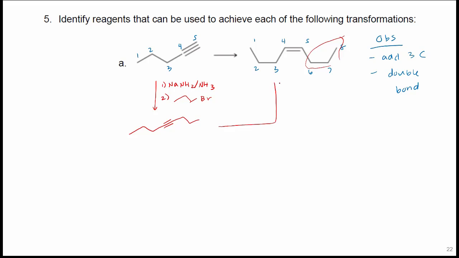And what reagent do I need to form that alkene with the Z stereochemistry? What reagent do I need there?